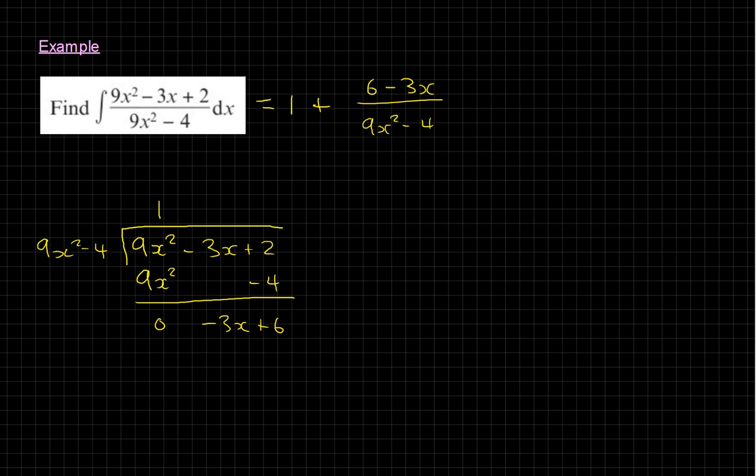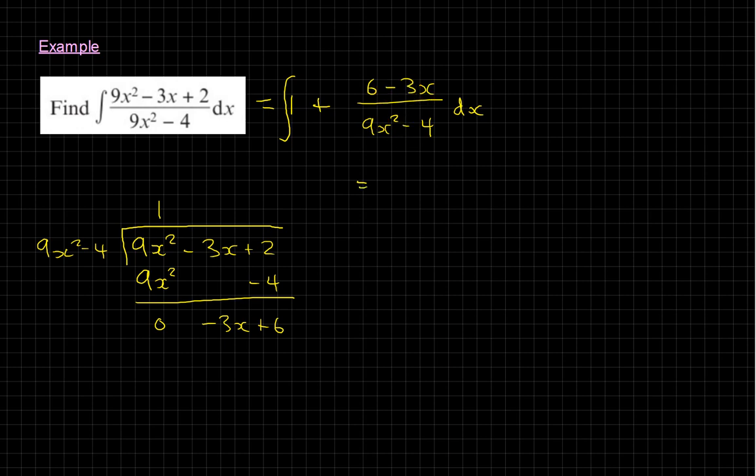Okay, so just a refresher of algebraic division there. We've rewritten it, and then you can probably see what to do. We should be fine now. The integral of 1 is going to end up being x, and the integral of this thing, well, that's going to be using partial fractions again.